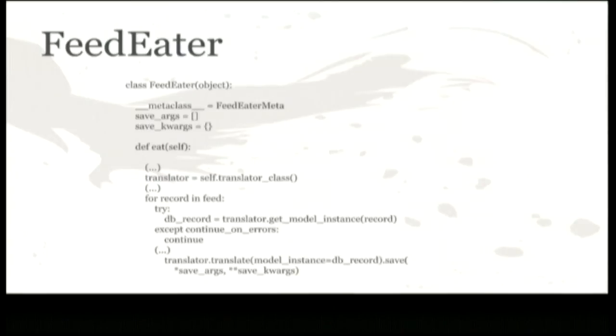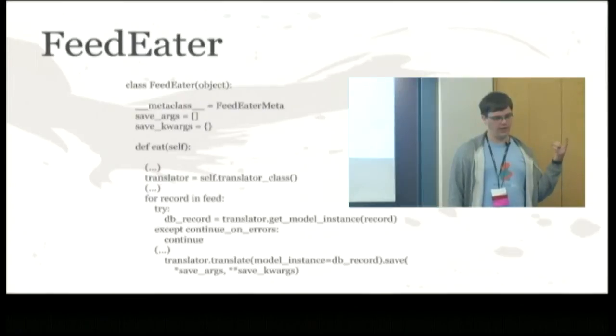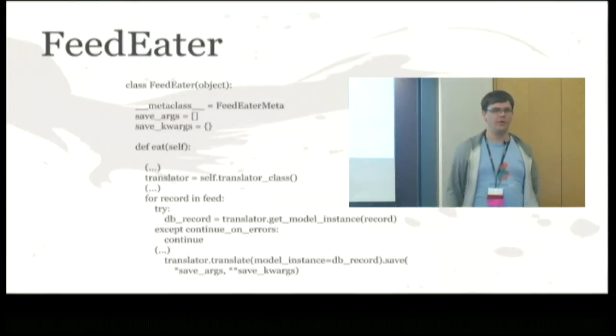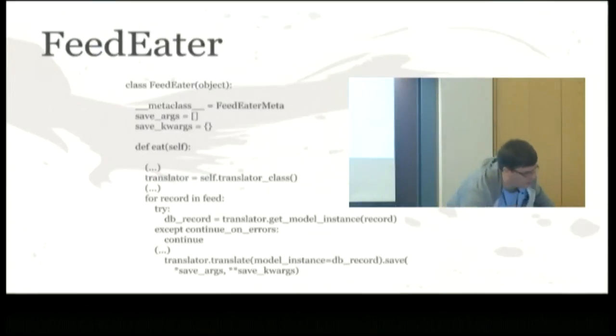And then we run over all the records in the feed, and we call translate, which runs through all the fields, and then we save the record. So it's all pulled together in there.